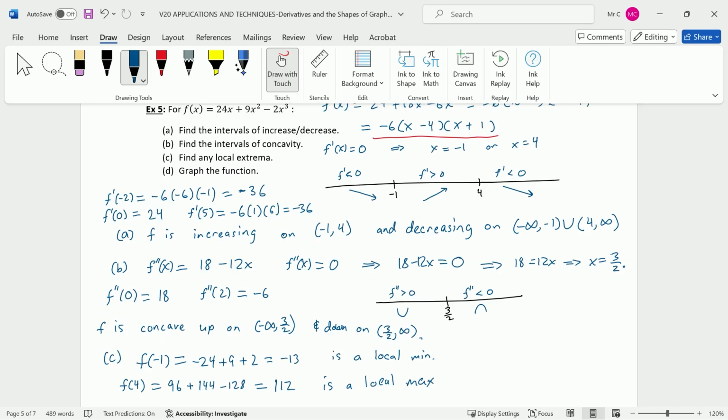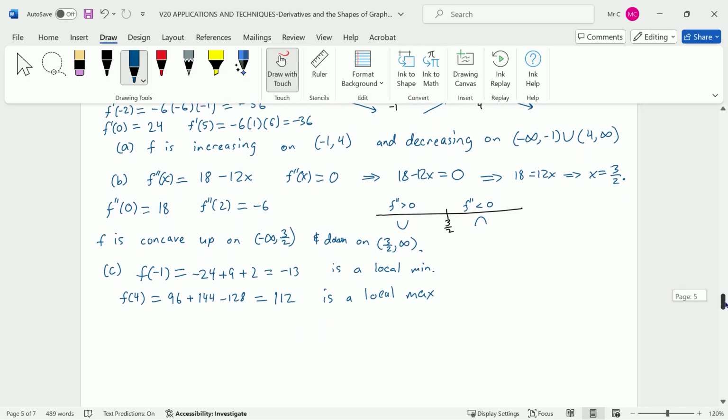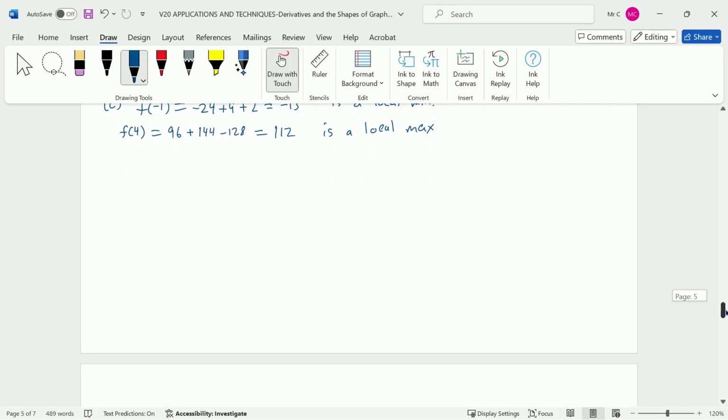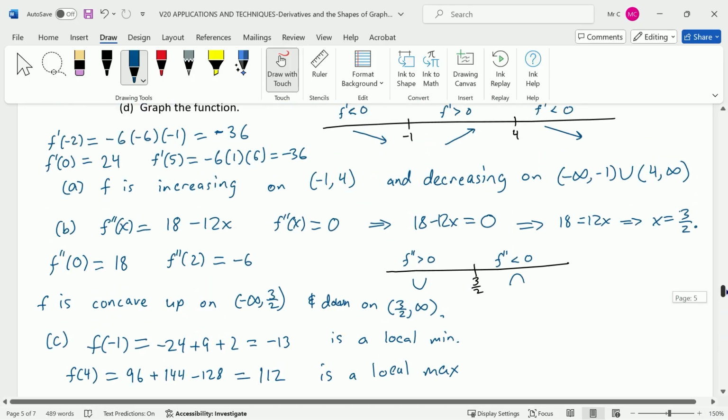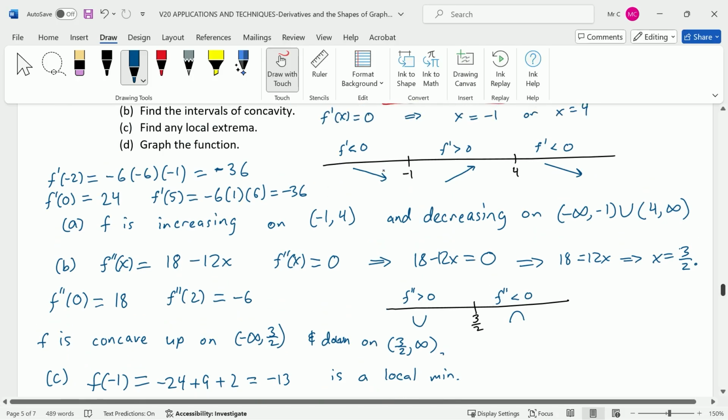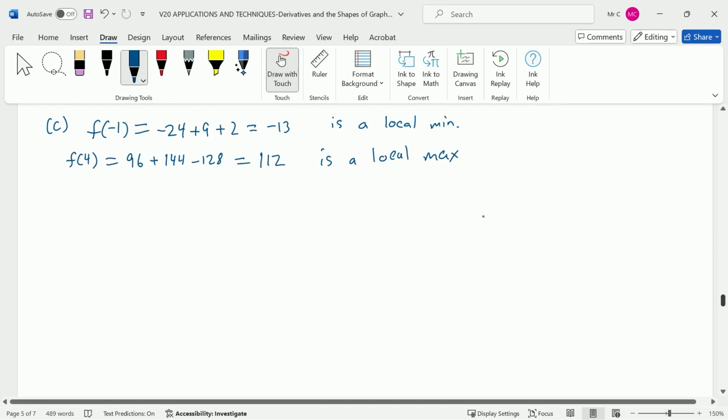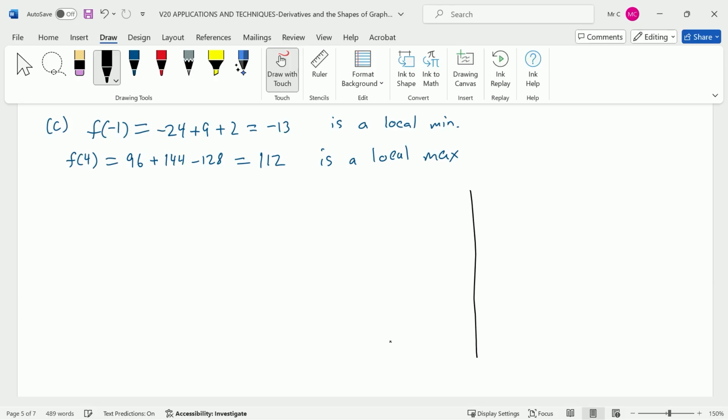All right. Now our last task is just to graph the function. So what we're going to do is lay out our graph, and we're going to go all the way from -1 to 4 as far as the key parts of the graph we're looking at.